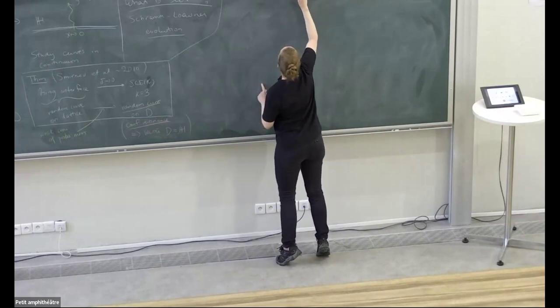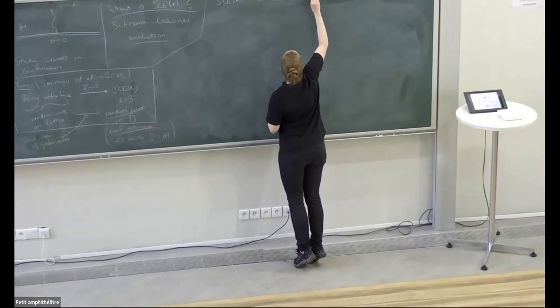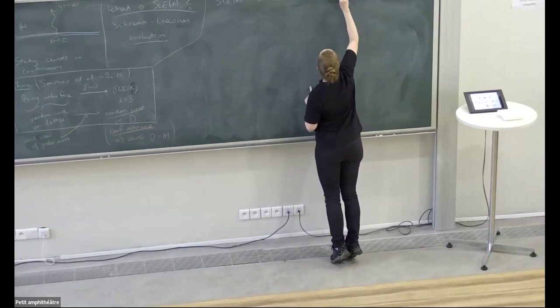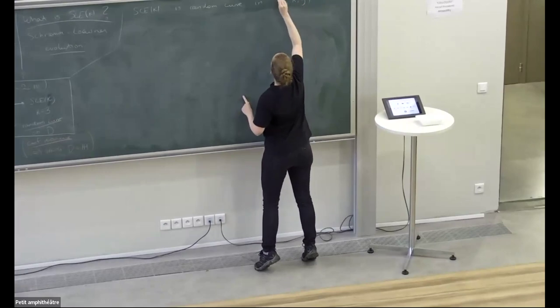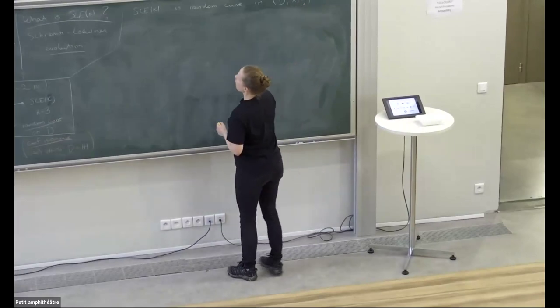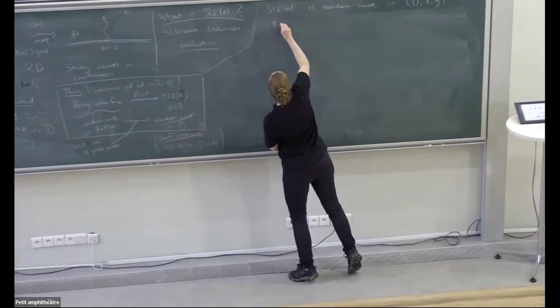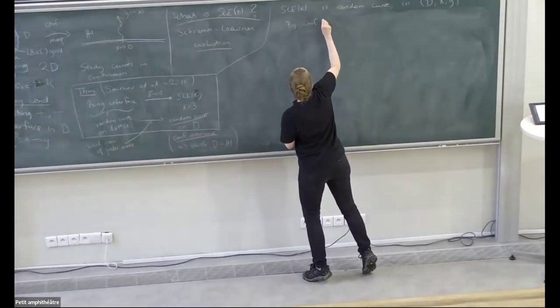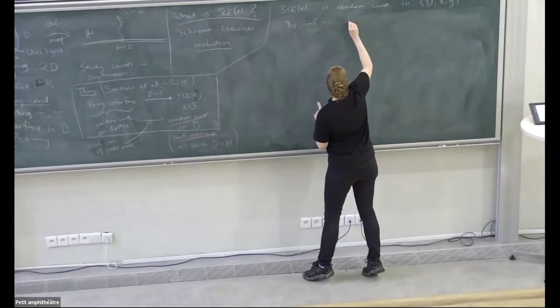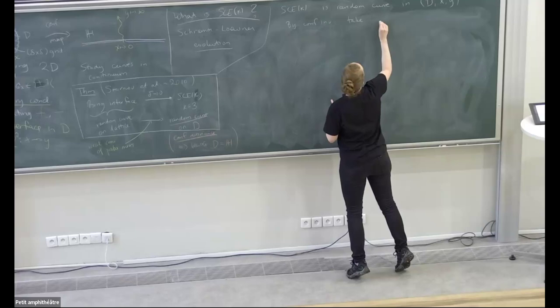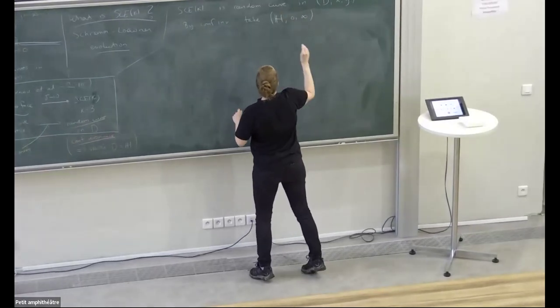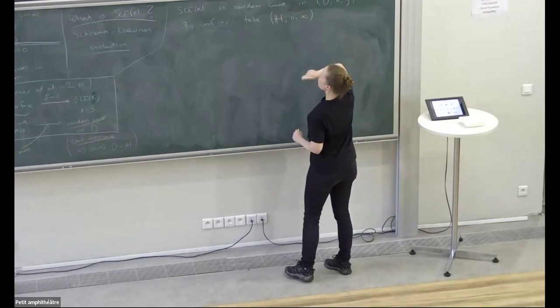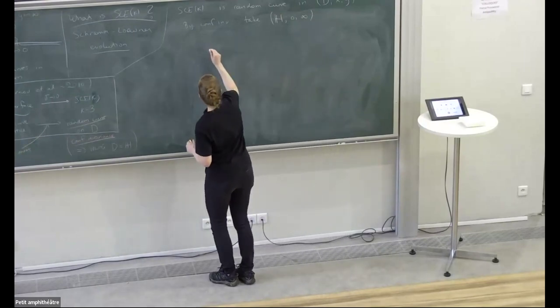So I just say it's a random curve in some domain, between those points. And because of conformal invariance, we take the half plane, 0 and infinity. And I can construct it as follows.